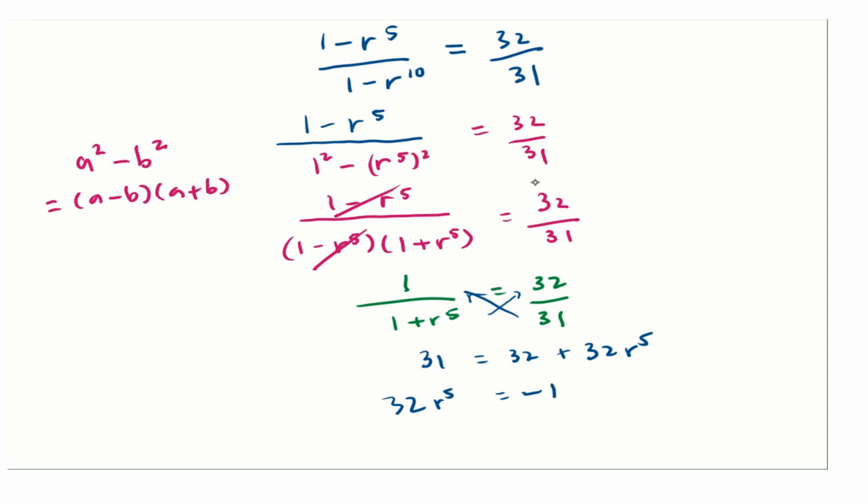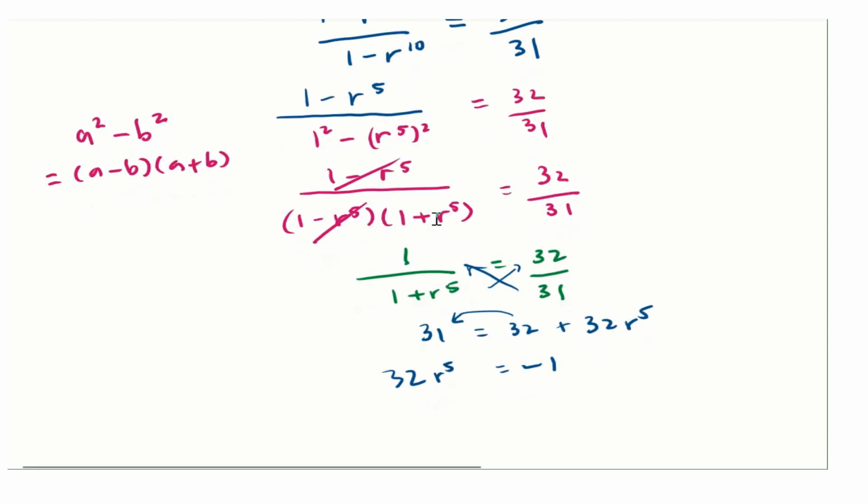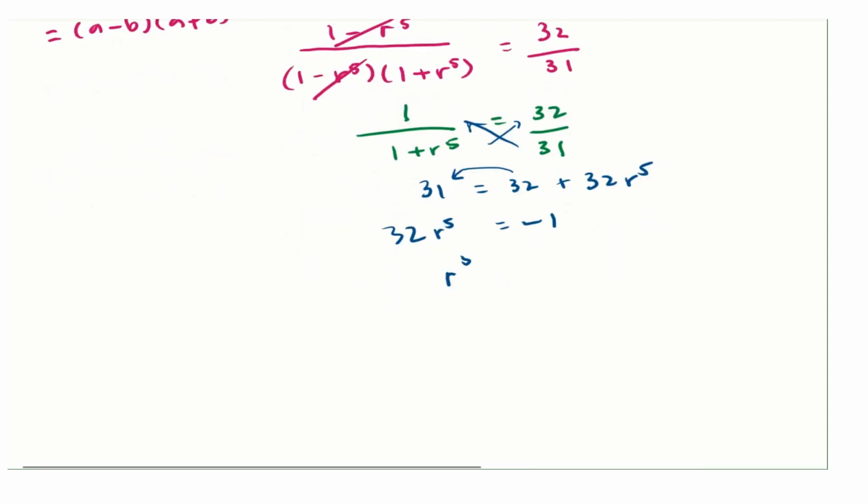Okay, this moves here, it changes place. So 31 minus 32 becomes negative 1. So then we get R power 5 equals negative 1 over 32. And then this we can calculate. This one we change to R equals negative 1 over 32 to the power of 1 over 5.